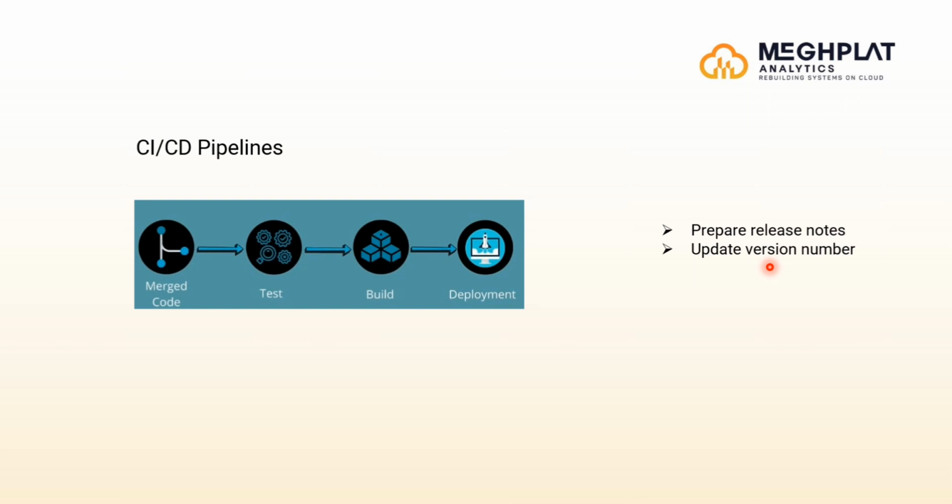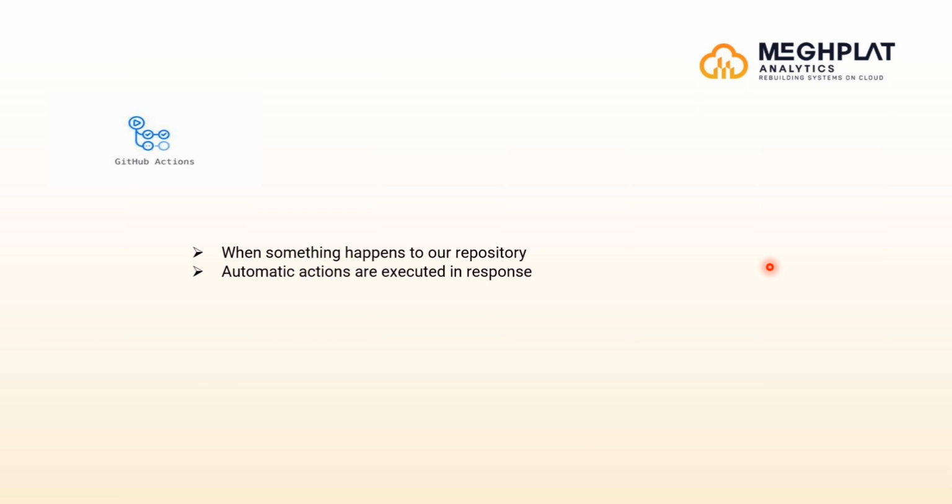So all of these things are examples of workflows. As developers doing all these organizational steps, we want to automate as much as possible of those management tasks. For this purpose, GitHub Actions are created. With GitHub Actions, every time something happens to our repository, we can configure automatic actions to get executed in response.